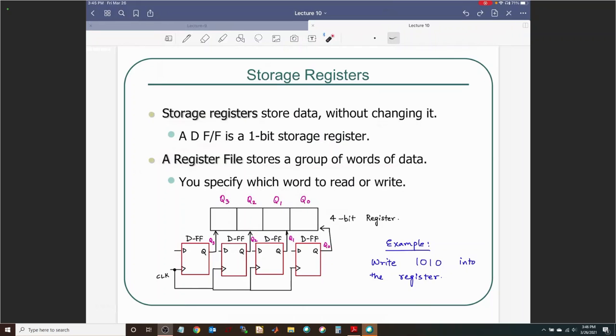So if you have a register file, which means simply a collection of registers, those are placeholders for words of data. Right? A word is what? 32 bits, which is 4 bytes. We use the term word for 32 bits or 4 bytes.